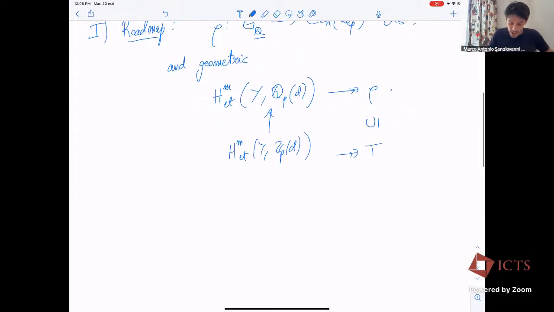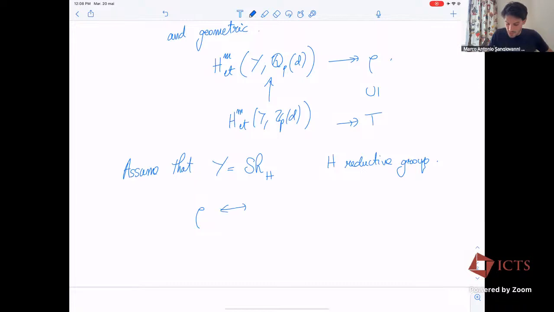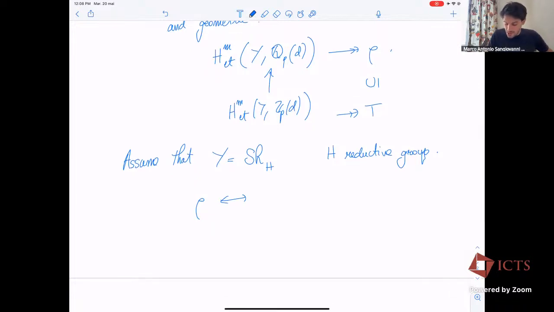I will assume that Y is the Shimura variety of some group H. And for rho, by global Langlands, there is an automorphic representation pi of H(A).